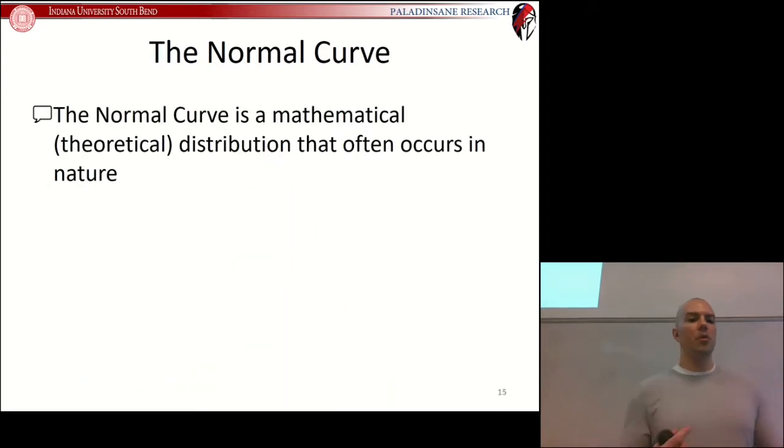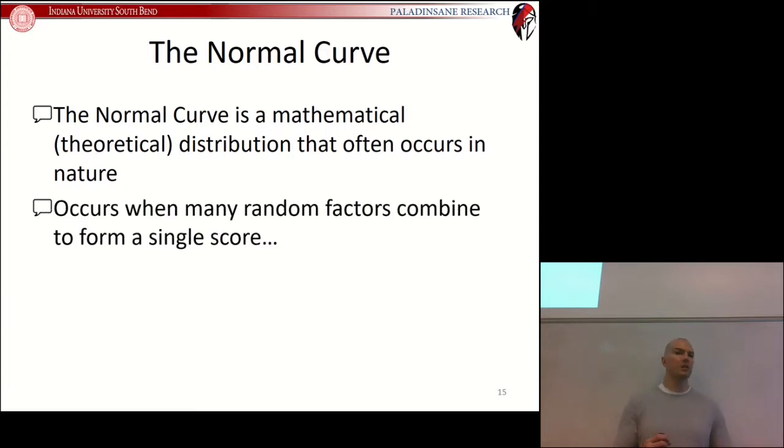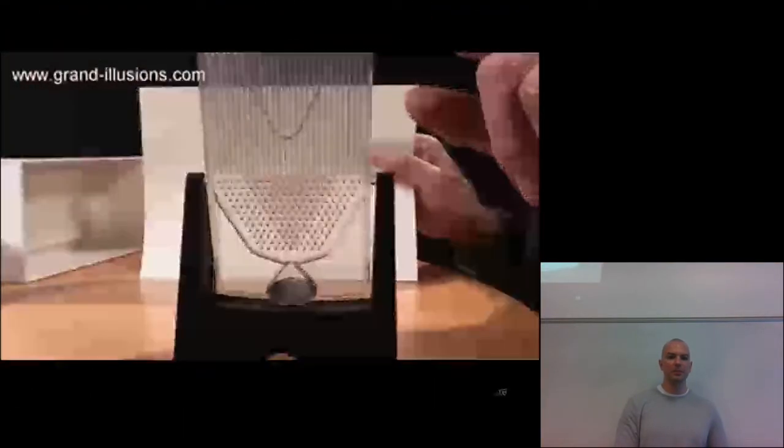So this normal curve happens when a single factor, a single score, a single measure happens to be the outcome of many, many random factors that combine or cause this single score. We have an animated demonstration of that right here.